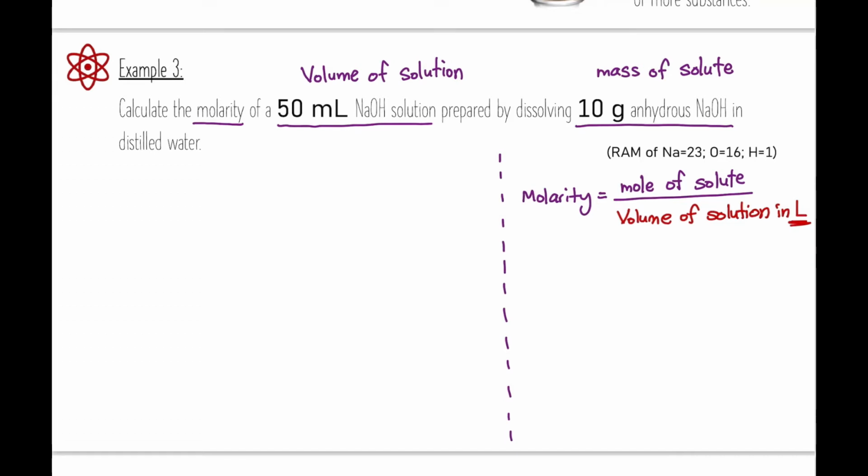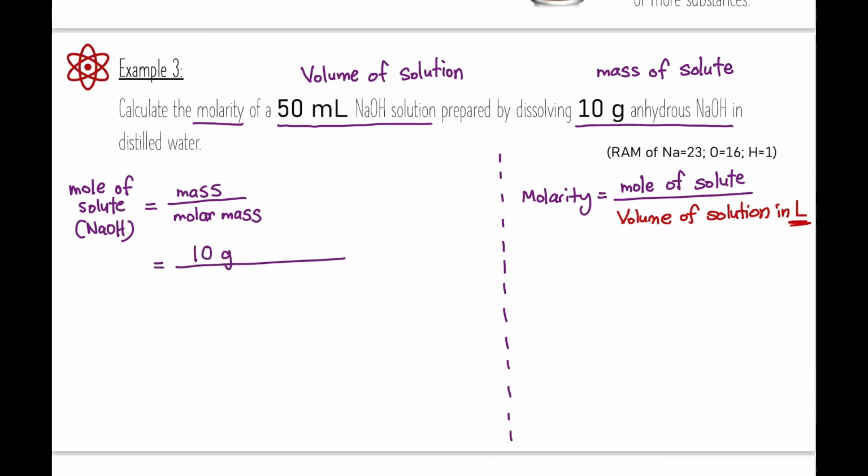So, mole of solute, in this case it is anhydrous sodium hydroxide, so mass is divided by molar mass. The mass is 10 gram, while the molar mass of sodium hydroxide can be calculated from the relative atomic mass given in the question.